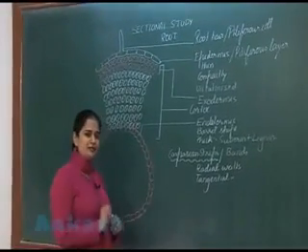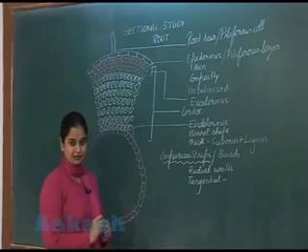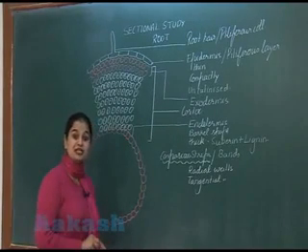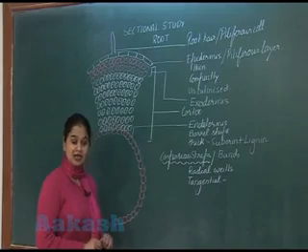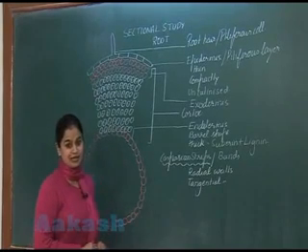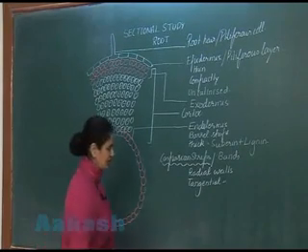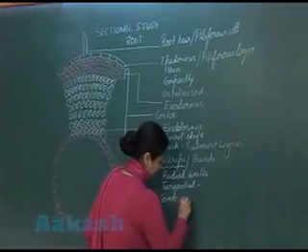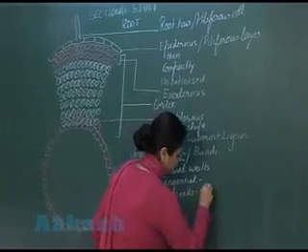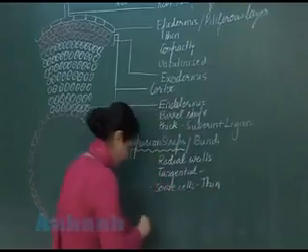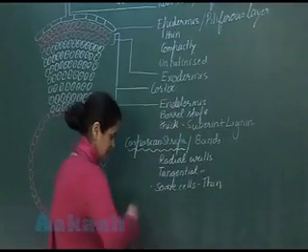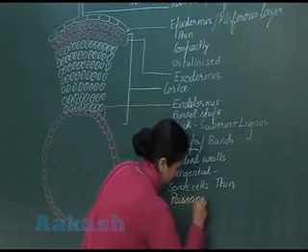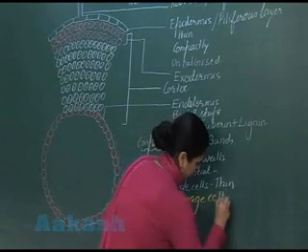Now the cells of the endodermis are thick and Casparian strips are present, but some of the cells of the endodermis are thin, and these thin cells are known as passage cells.